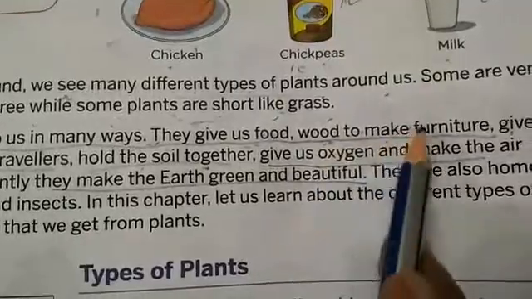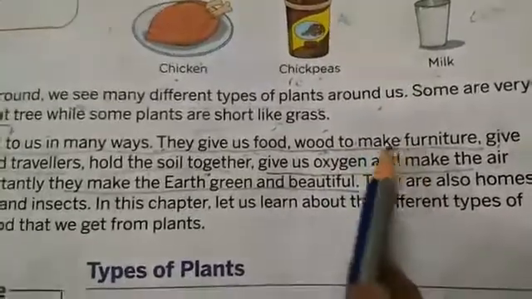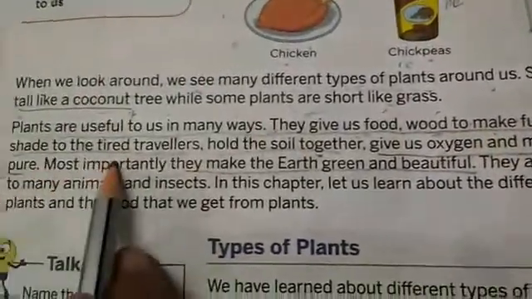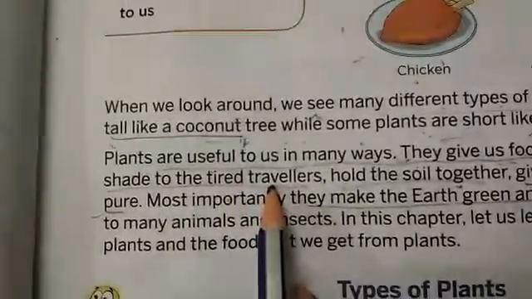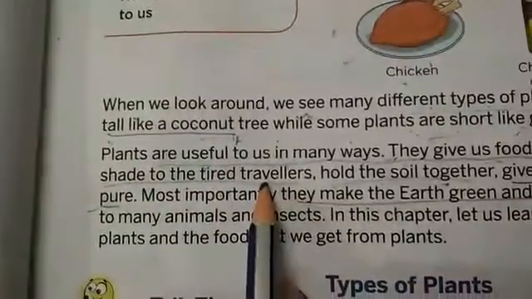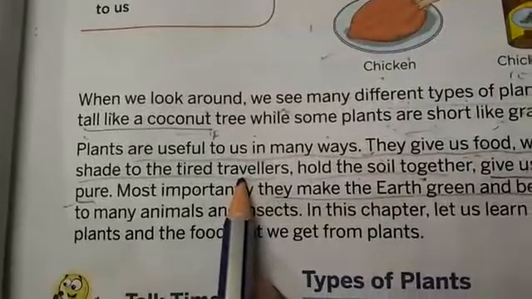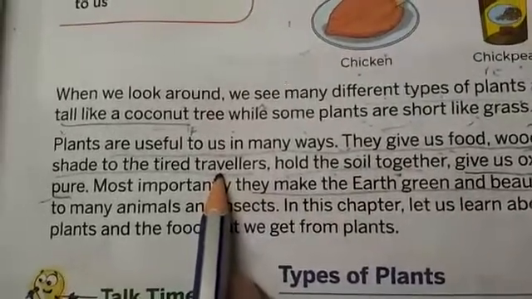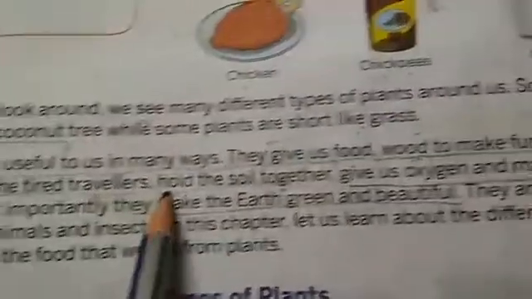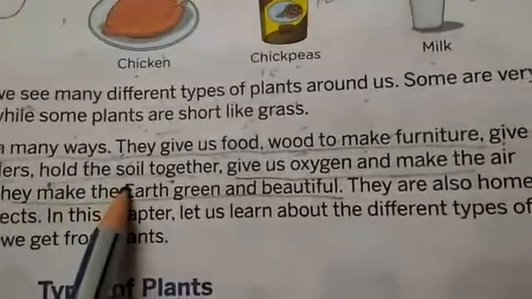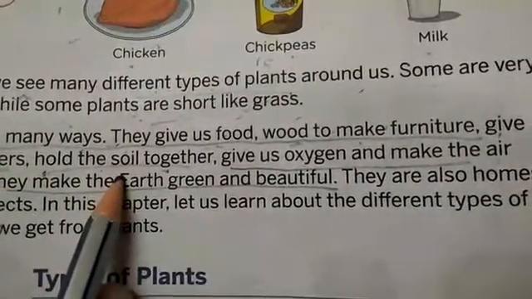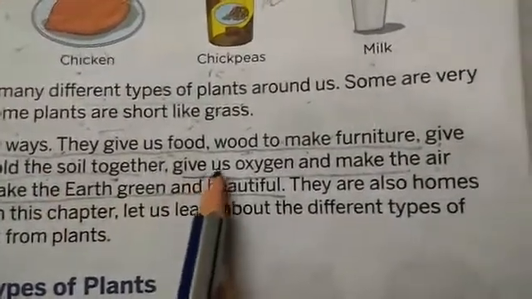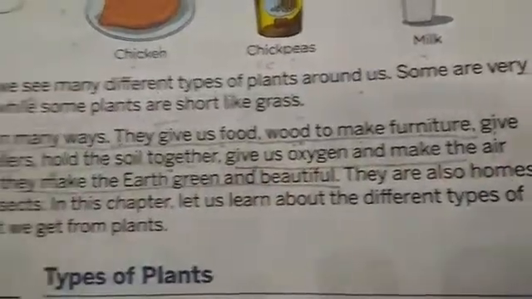Big, huge trees give shade to the travelers. When you are tired, you sit under the tree, and it gives you shade and a cool breeze. The roots hold the soil together nicely, and the tree gives us oxygen and makes the air pure.